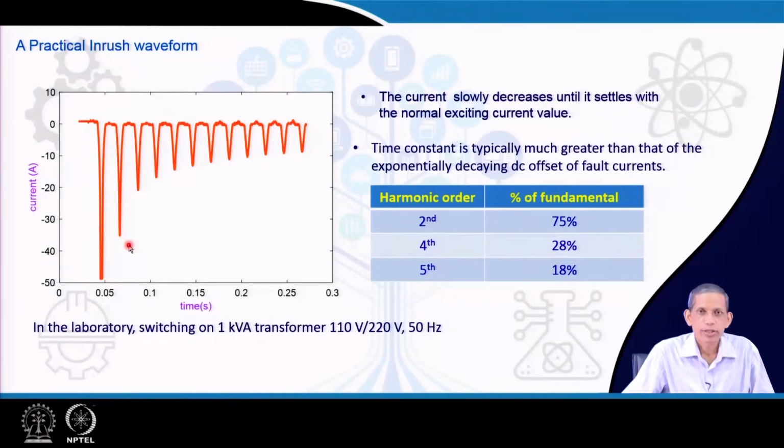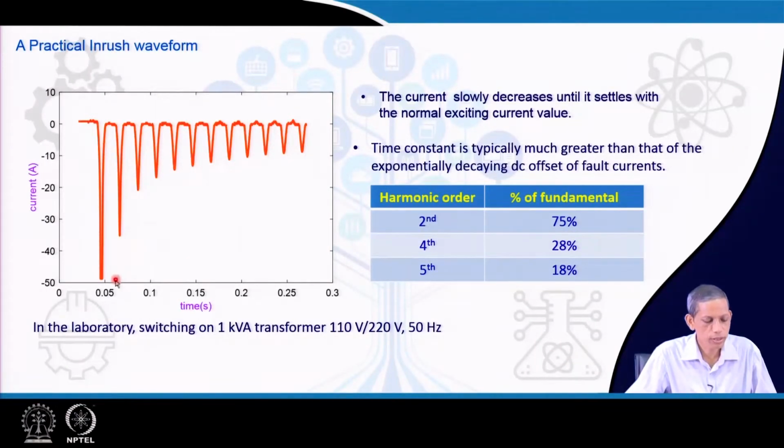This current slowly decays, may take a long time, 20 cycles or so, and then settles to the normal excitation current, which is 2 to 5% of the rated current.